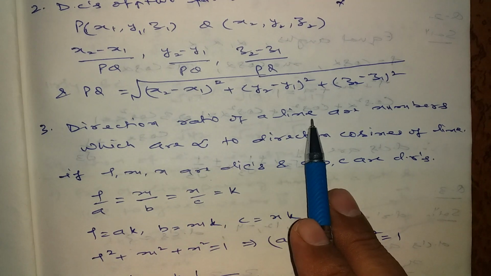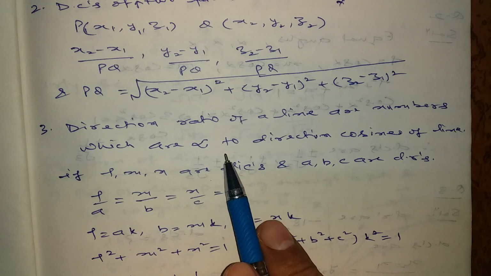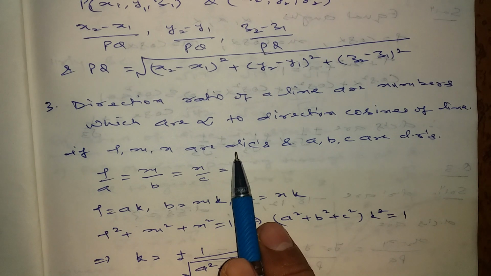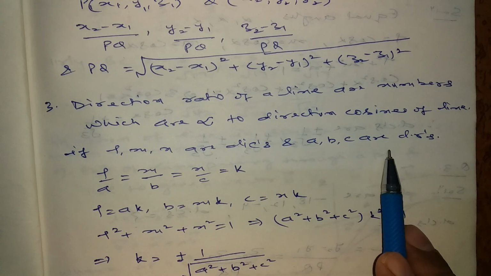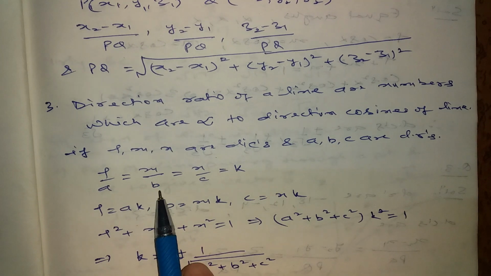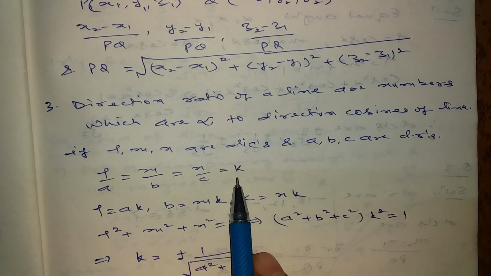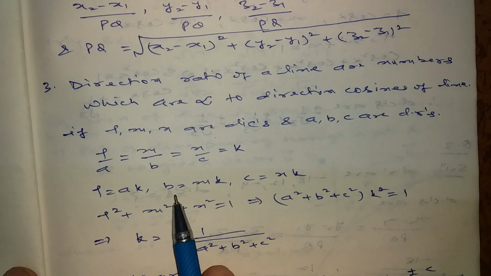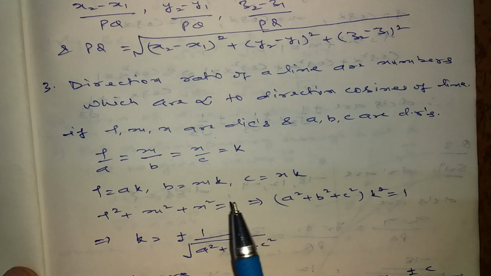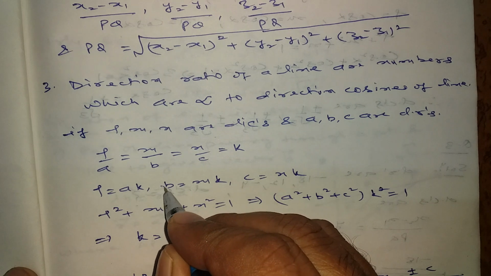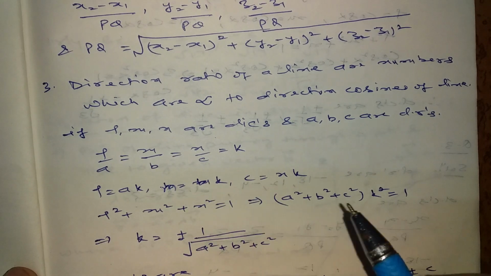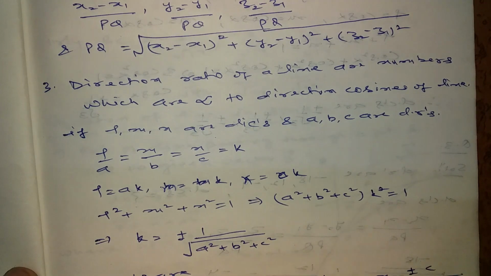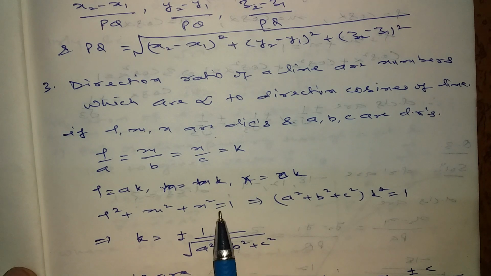So if l, m and n are direction cosines and a, b, c are direction ratios, then l upon a, m upon b, n upon c are equal, and they may be equal to k. So l is ak, m is bk, and n is ck.